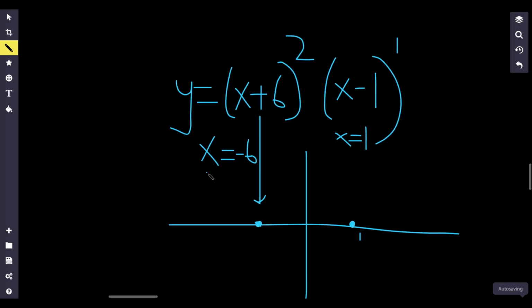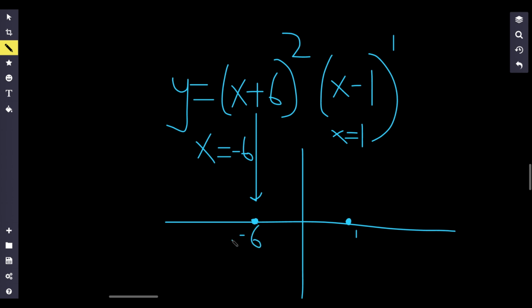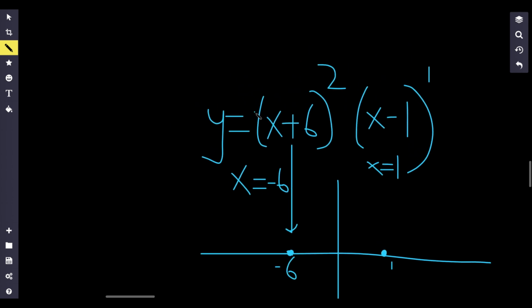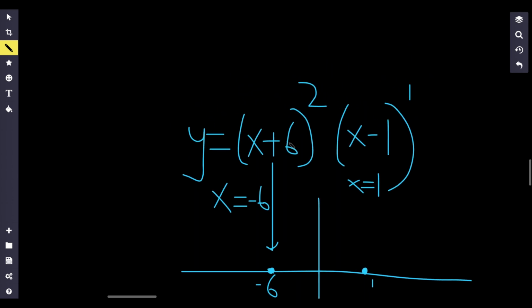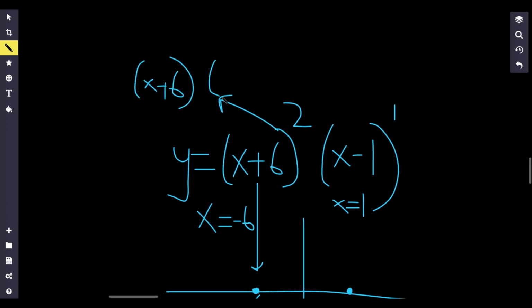The next step is to count out how many x's are here. In this case, I have x plus 6 to the second power, which can be rewritten as x plus 6 times x plus 6, and you still have this x minus 1. We want to count how many x's there are.